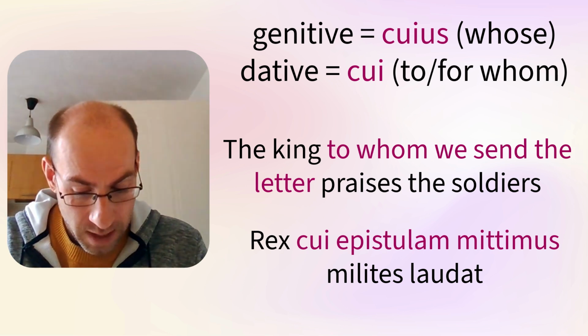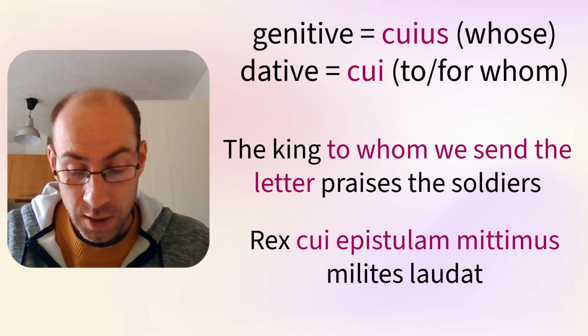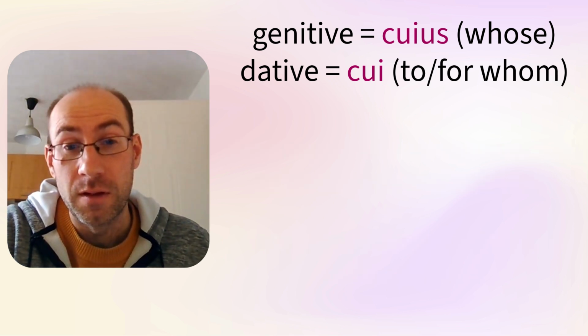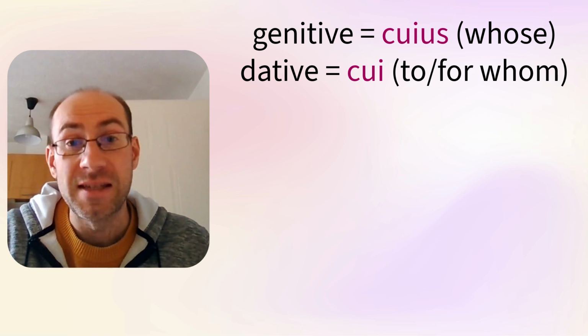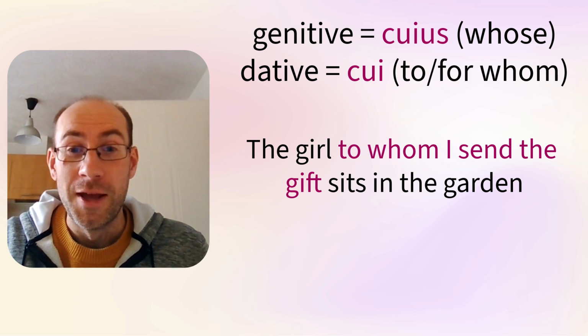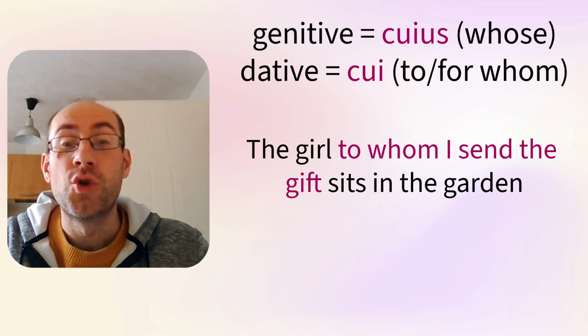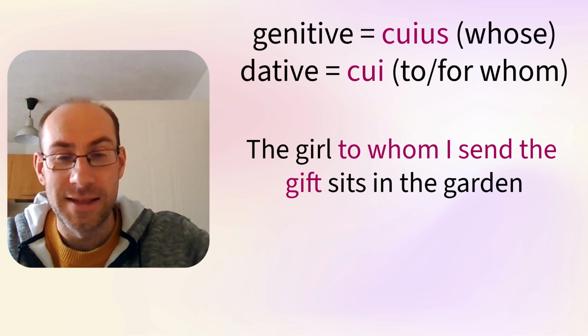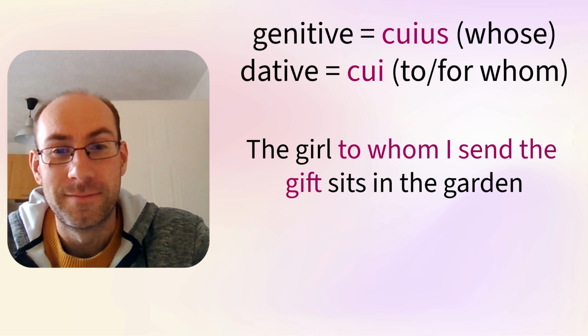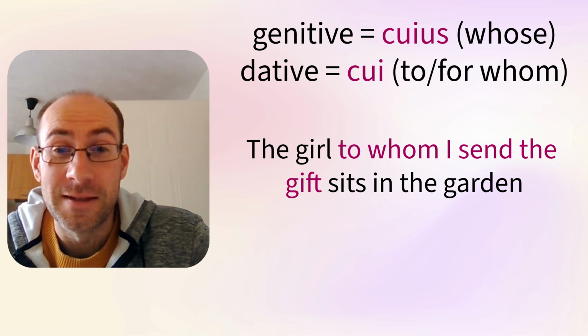Let's do one more. What about the girl to whom I send the gift? Donum, neuter, like donation, donum, gift, sits in the garden. The girl to whom I send the gift, donum, sits in the garden. Main clause: the girl sits in the garden. Subject, case, nominative.